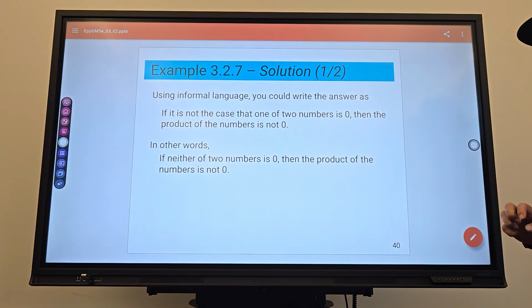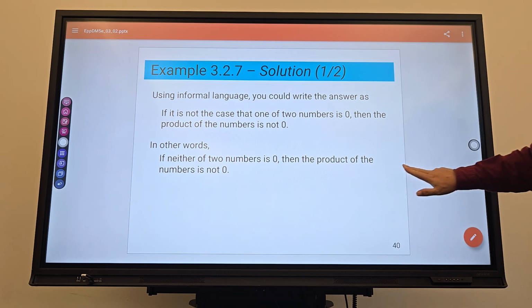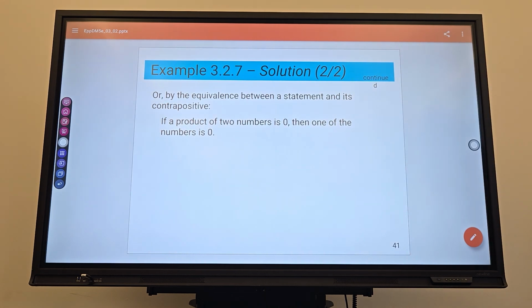If it is not the case that one of two numbers is 0, then the product of the numbers is not 0. But the contrapositive of that is, if neither of the two numbers is 0, then the product of the numbers is not 0. Huh? And yeah, I just did the contrapositive.